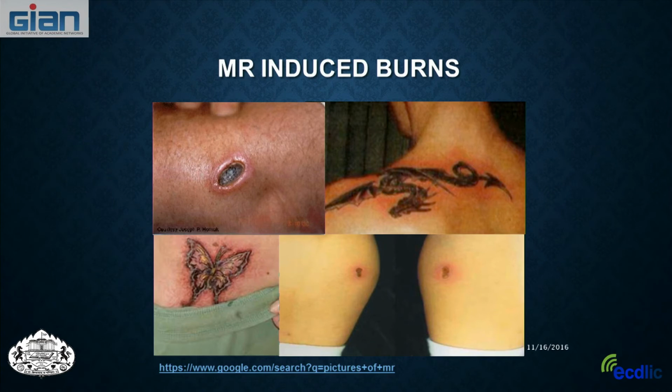So you really have to tell people, please don't cross your legs if they do it. Some people just feel more comfortable with their legs crossed, and we have to keep a watch on them and say, please keep your legs uncrossed. Here's another burn at the top left. I'm not quite sure what that was caused from, but it was an MRI-associated burn.